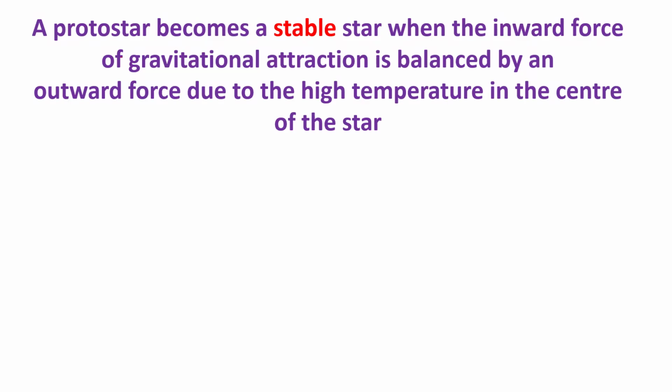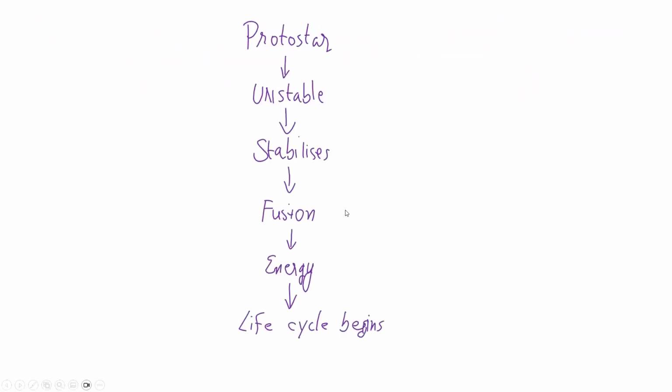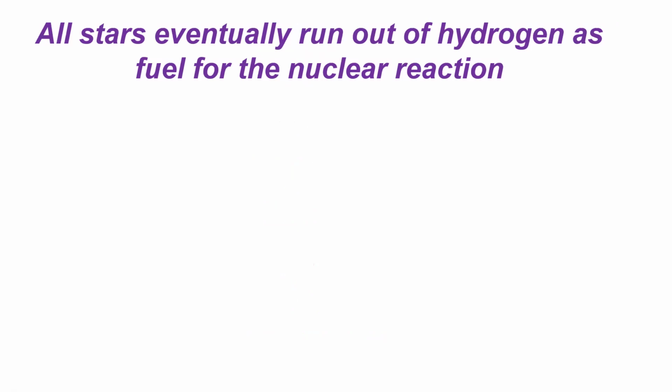So there are two forces acting: one force acting inward and the second force acting outward. So this is like a competition. Now the protostar stabilizes and the fusion process starts. Fusion releases a huge amount of energy, and this is the beginning of the life cycle of the star.